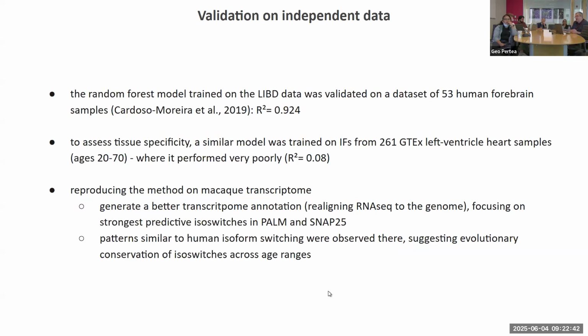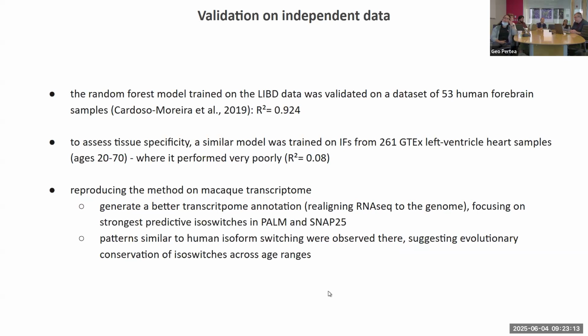And I think there are multiple possible explanations here. Heart tissue might have a very different aging model, very different from the brain tissue. One kind of obvious possibility would be that there are not so many isoform switches, but there could be just gene expression switches.